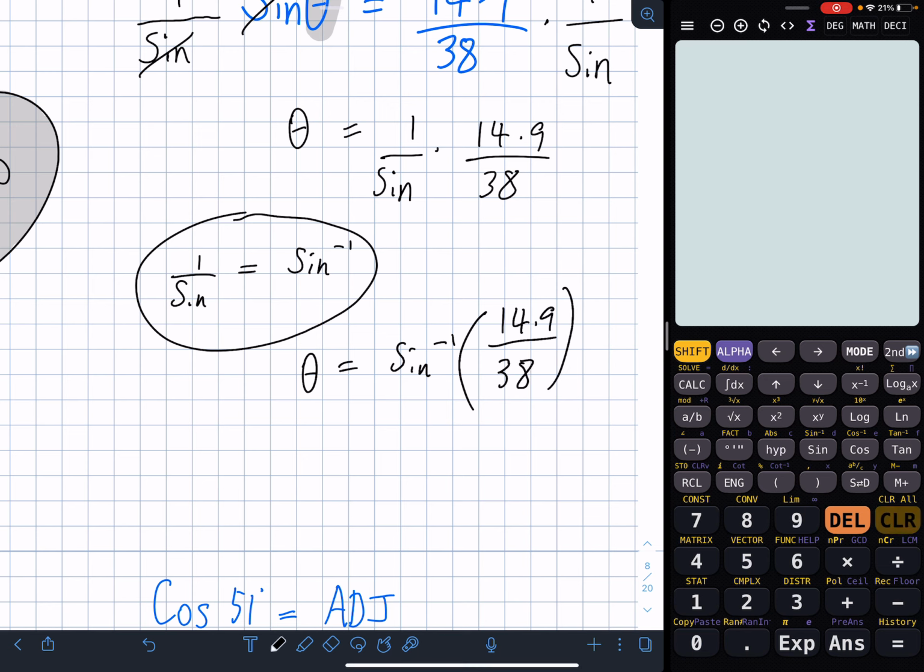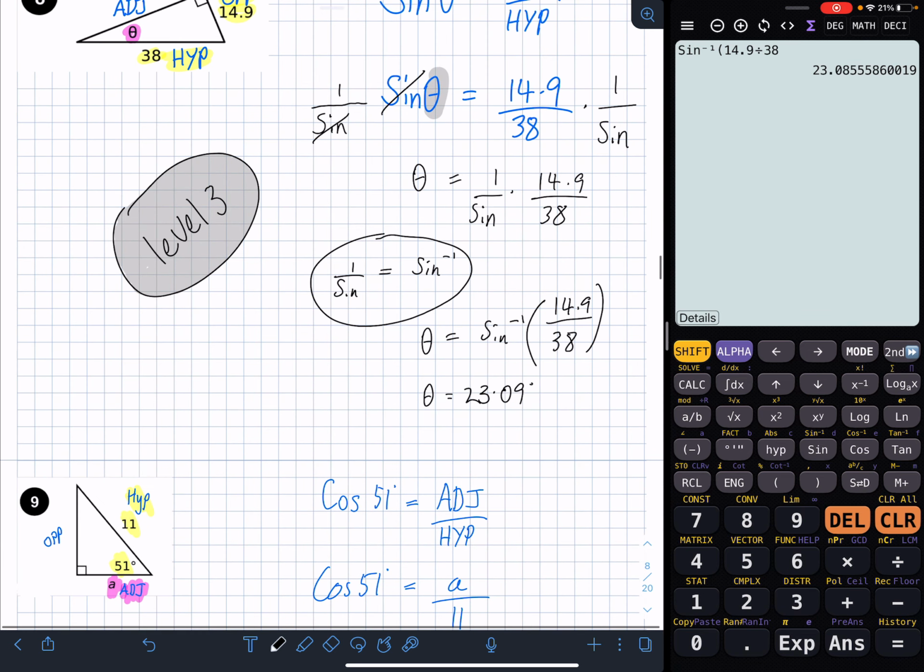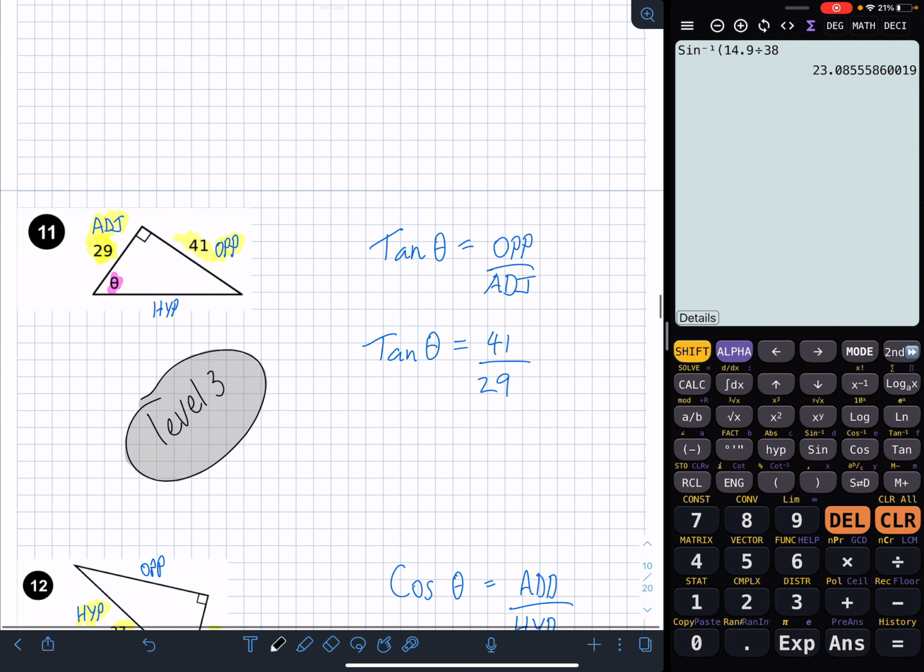And for a calculator, we have to now do shift sine, so that gives us sine to the power of negative 1, 14.9 divided by 38, and so that gives us an angle of theta which is 23.09 degrees.